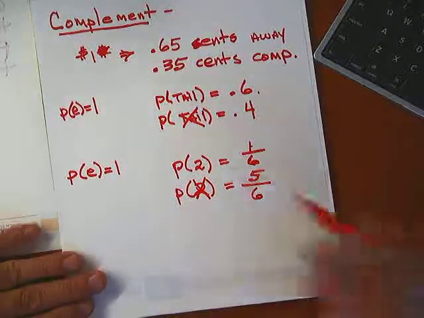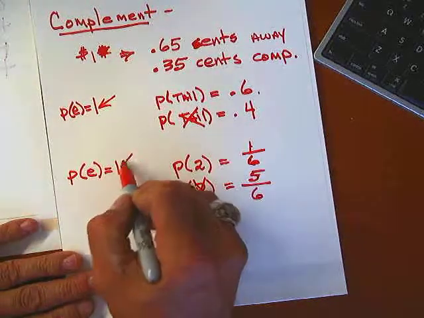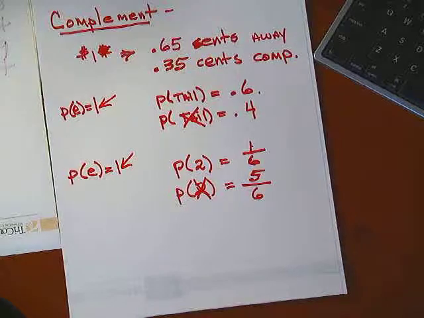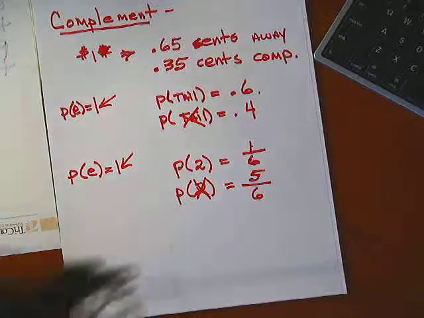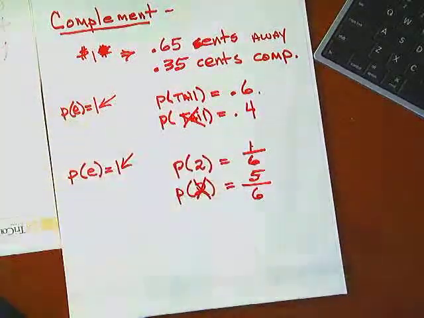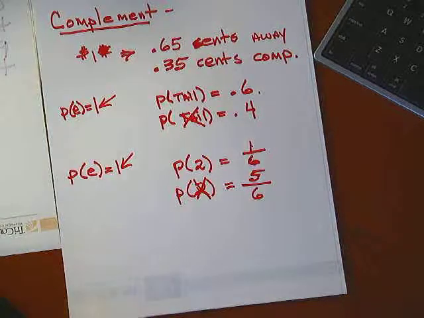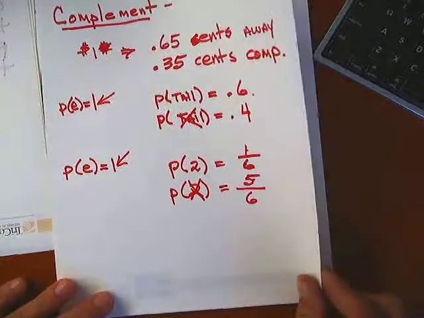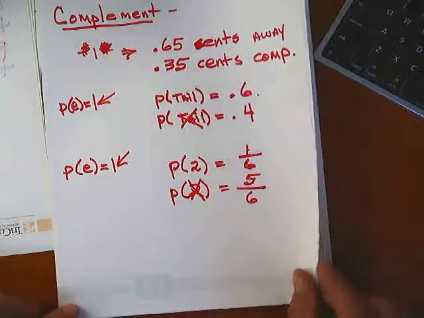Let's say that we're rolling a die. What is the probability of rolling a 2? Well, that would be 1/6. That's 0.1666, I think. Then what's the probability of not rolling a 2? Well, the probability of not rolling a 2 is 5 out of 6, because 5 plus 1 is equal to 6 over 6.